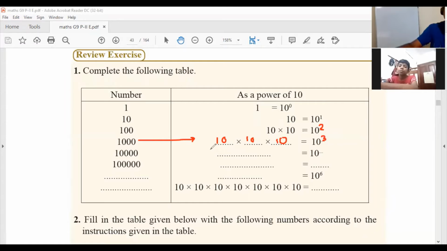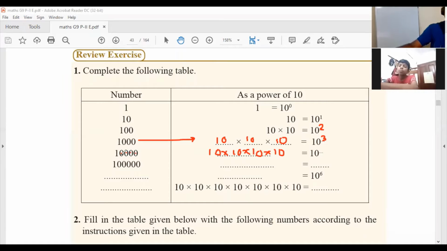10,000 is, if you expand it, 10 times 10 times 10 times 10. How many tens should there be? 4 tens. Here, what is the number of zeros in this number? 1, 2, 3, 4.